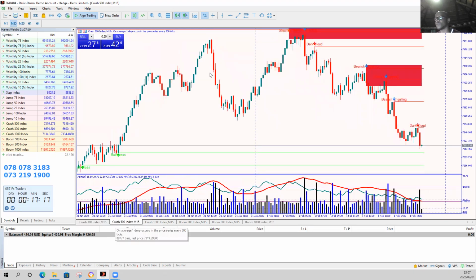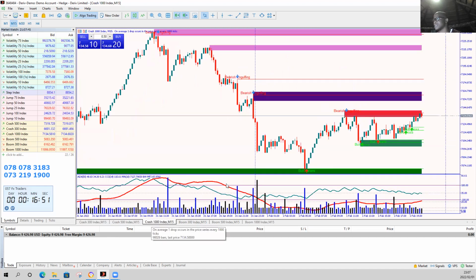There's no good trend there, but here, if you look at this trend, the market is going down and we are on the crash. So if the market is going down and we're on the crash, we cannot trade against the market because the trend is going down. So basically, we can't look at this Crash 500 because it's not going to allow us to go against the market since the trend is going down.